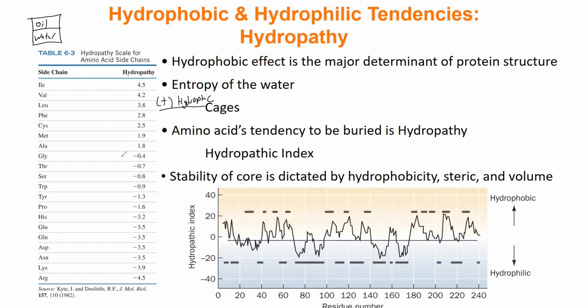And so by looking at the primary sequence of a protein, we can determine based on these numbers what part of the protein is buried, what part is not buried. And we can make a table like this. So what this table is, it's a running average of hydropathy scores.